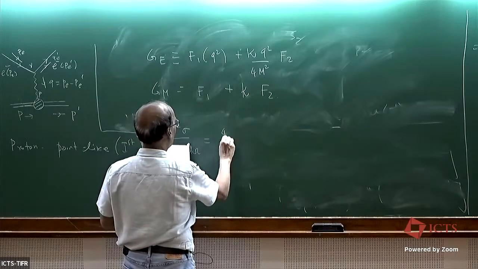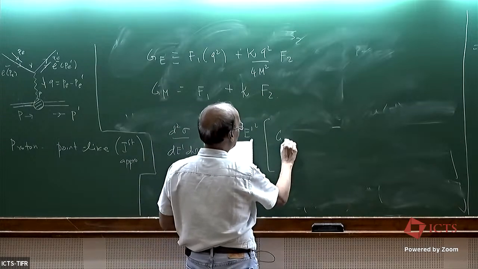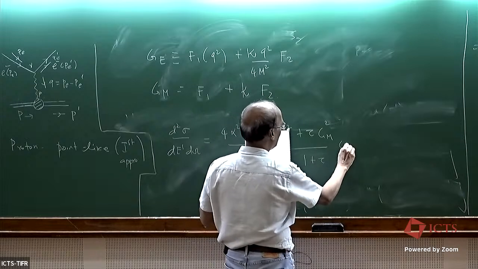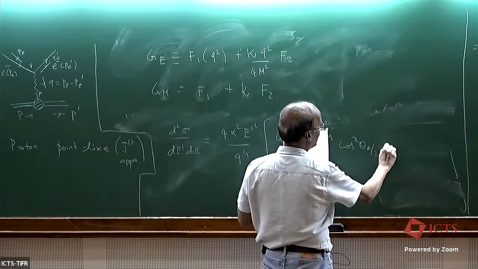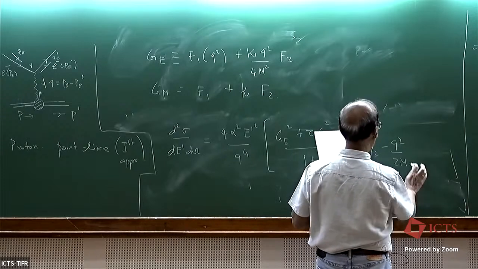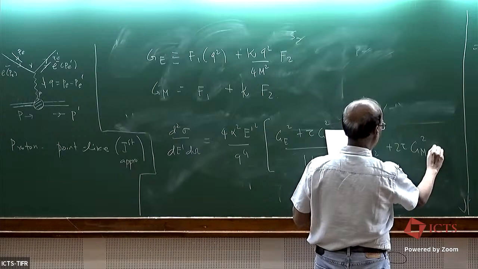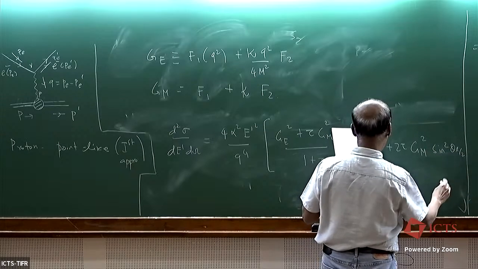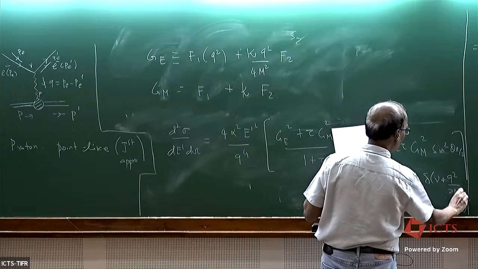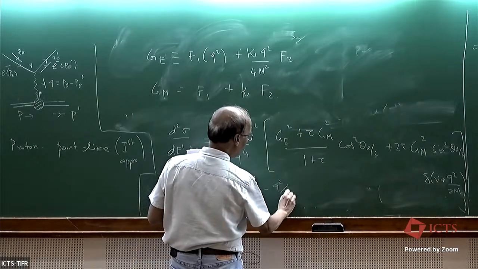Just for completeness, I'm writing down this expression for you: Q to the power 4, (GE square plus tau GM square) divided by (1 plus tau) times cos square theta L by 2, minus Q square by 2M, plus 2 tau GM square sine square theta L by 2, delta nu minus Q square by 2M, where tau is actually minus Q square by M square.